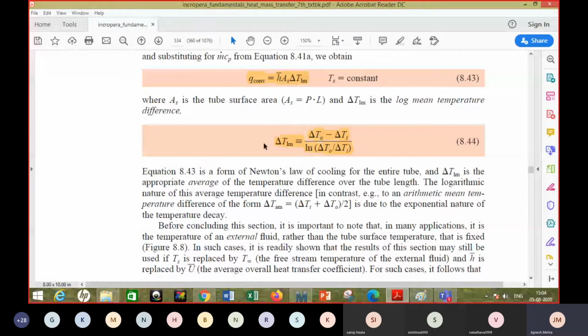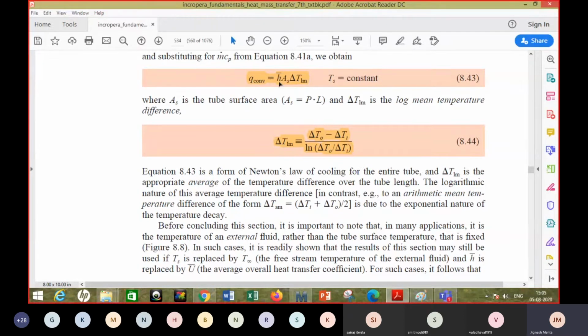So that's why this temperature difference, which is the potential for heat transfer, the average value is taken as the log mean temperature difference, and it's not the arithmetic average that you have to take, right? So this is the definition of log mean temperature difference, which is used very commonly, not just in internal flow, but also in heat exchangers when you want to calculate, let's say, the heat transfer rate.